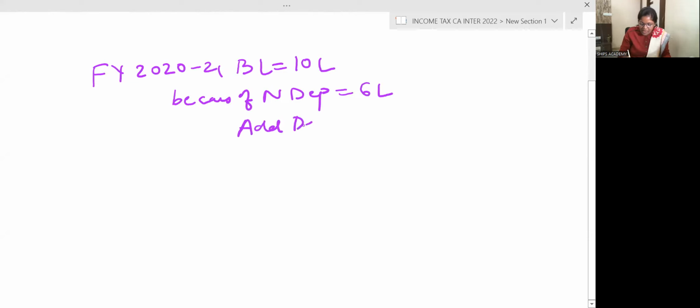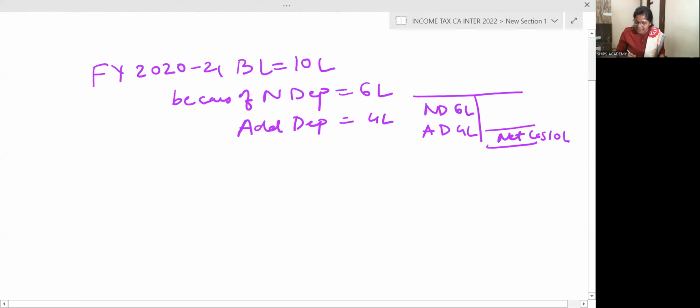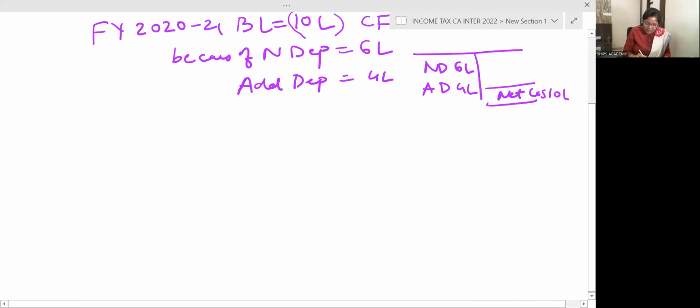And additional depreciation: are you allowed to claim it? Yes. We debited the normal depreciation 6 lakhs, additional depreciation 4 lakhs, and there is a net loss. You got a net loss of 10 lakhs. So you carried forward this 10 lakhs business loss. You came to this year.